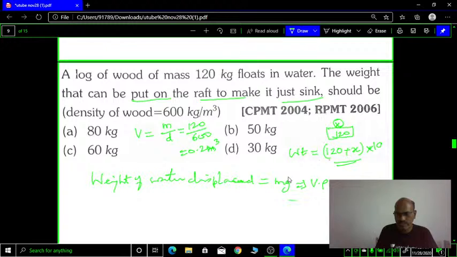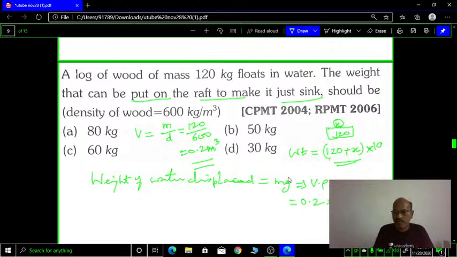Volume we got is 0.2, into density of water 1000, so 10 power 3, into g 10, that's it.